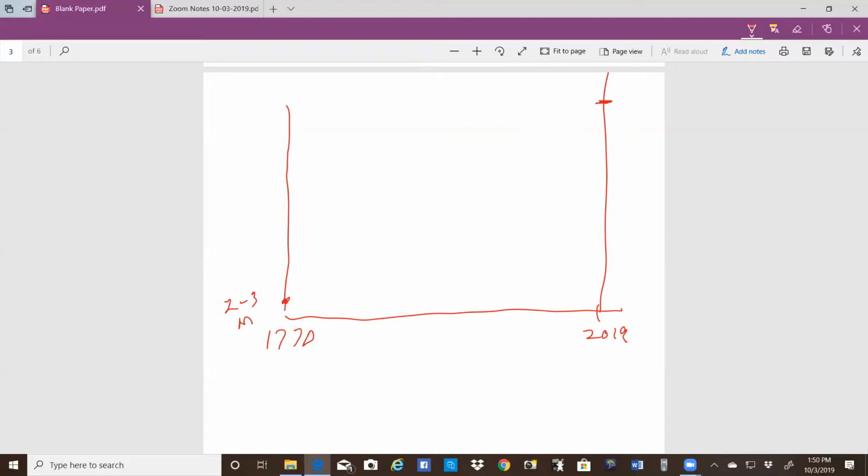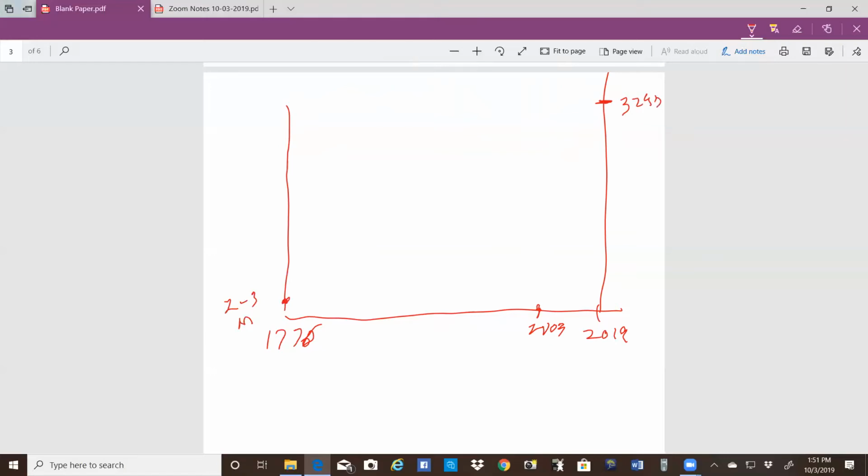Now, I was teaching that course back in 2003. You said for U.S. population, right? The U.S. population. Yes. 329 million. Okay. That's what it is right now. Correct.